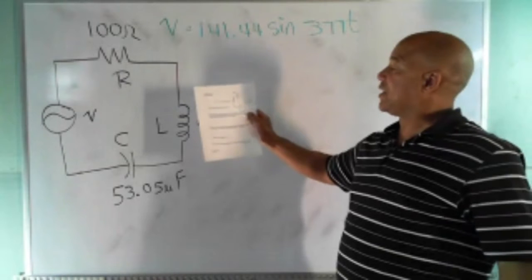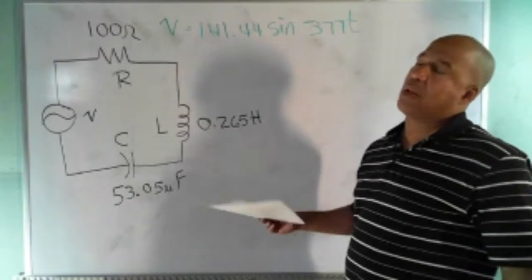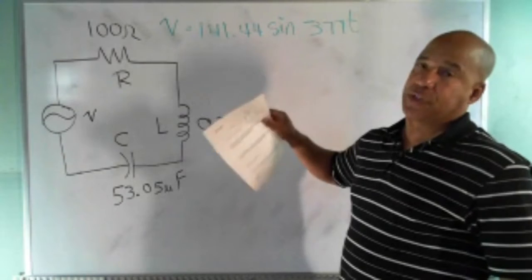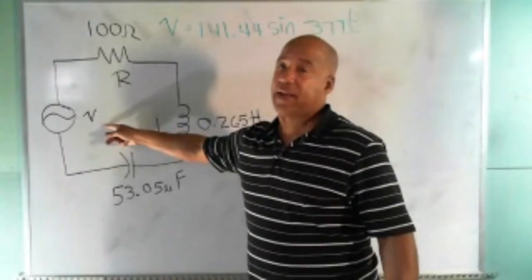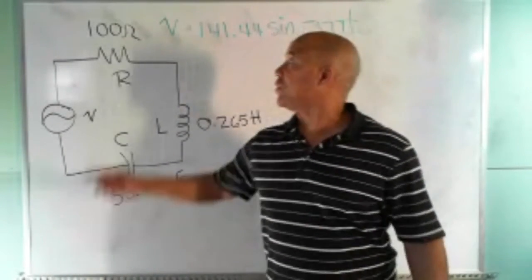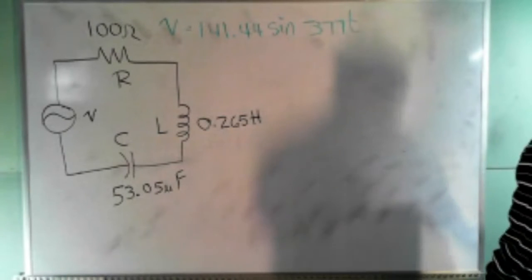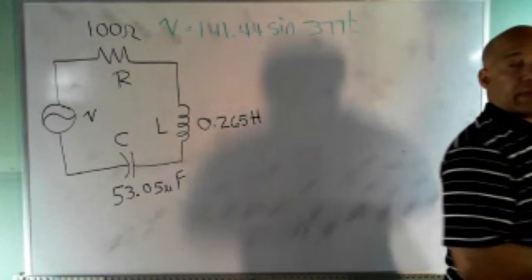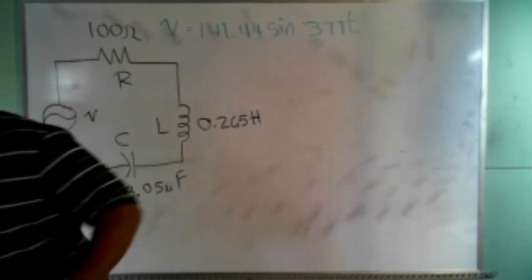The very first thing it says is convert all power sources to phasor form. Right now, they gave us this in time domain, not phasor domain. So your first task is to convert this to a phasor. Go ahead and do that, and then we'll do it together. Write it on the board, because all of them are done the same way.